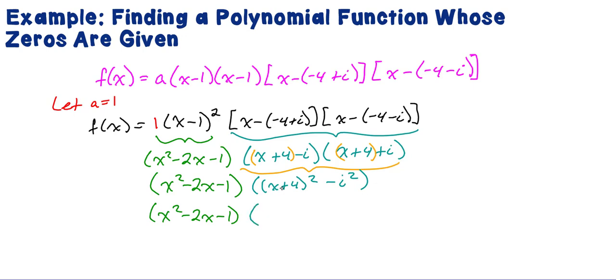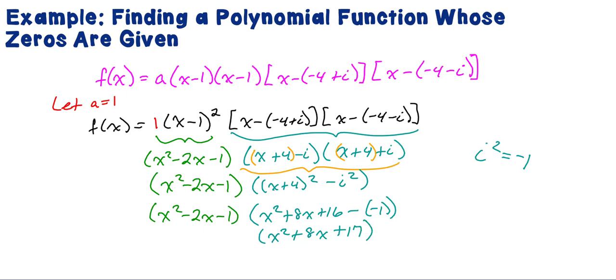We know x plus 4 squared would be x squared plus 8x plus 16. And then it's going to subtract i squared, which we know is equal to negative 1. So this rewritten would just be x squared plus 8x, and then 16 minus negative 1 means we're adding 17.